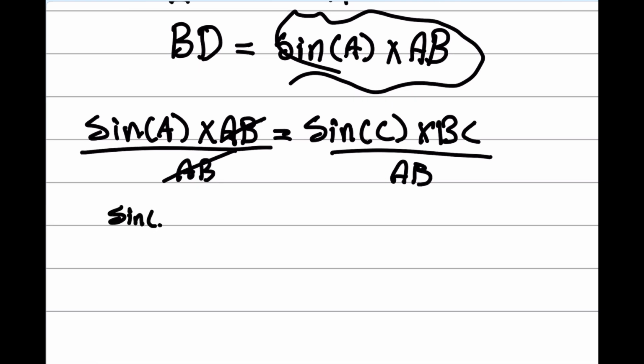So sine A is equal to sine C multiplied by BC divided by AB, and we divide both sides by BC again.